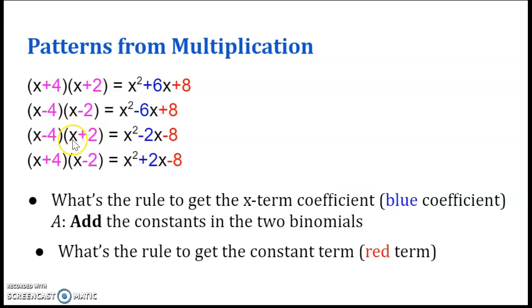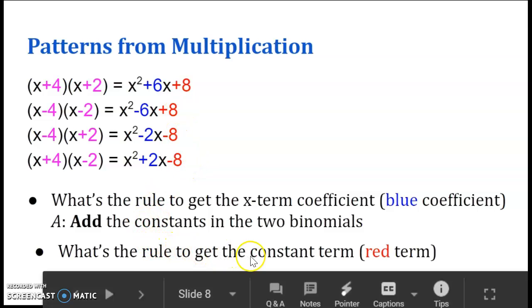The 4 is bigger than 2, and 4 has a negative sign, so that means the middle number is going to be negative, whereas if 4 has a positive sign, the middle number is going to be positive. Okay, whereas what is the rule to get the constant term?